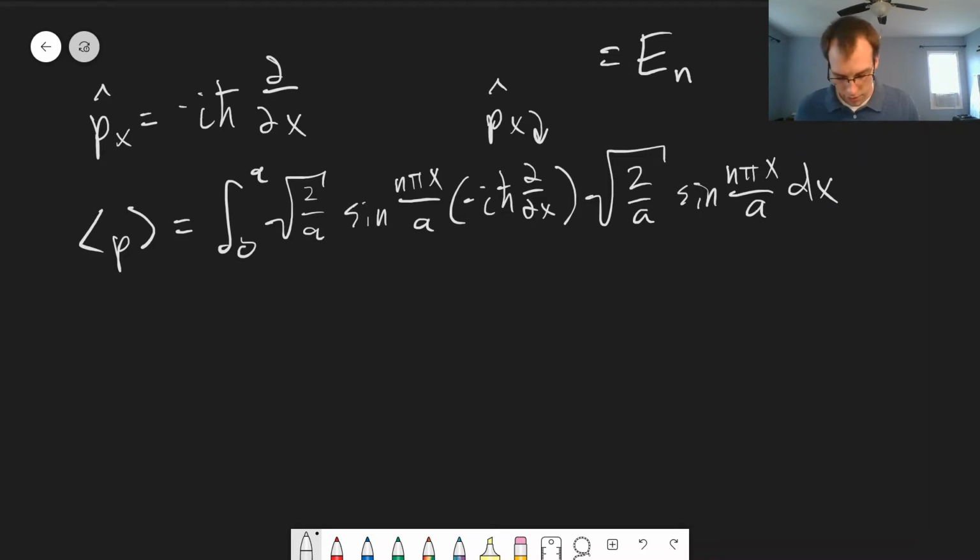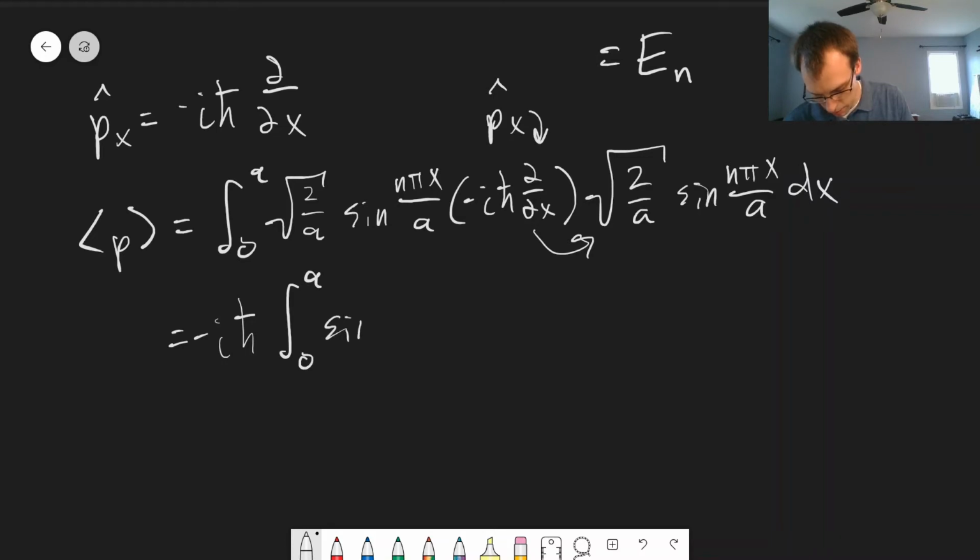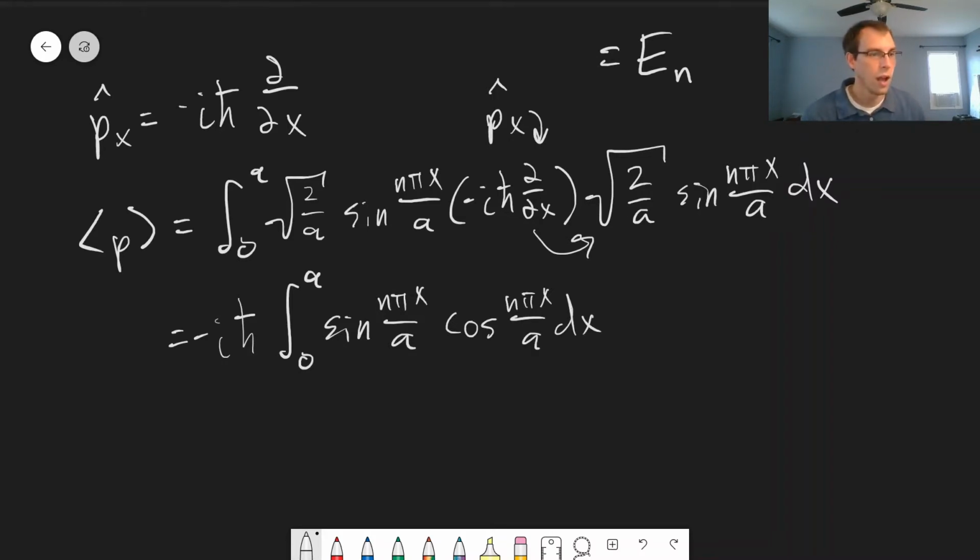Okay, so now we have some work to do here. The negative i h bar will just come out, since that's just a constant. But we do need to actually do this derivative. The derivative of sine is cosine. And so we end up with the integral from 0 to a of sine n pi x over a times cosine n pi x over a dx. We can look this up in an integral table.